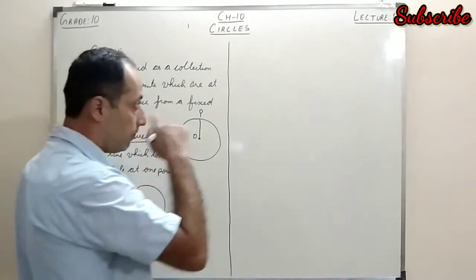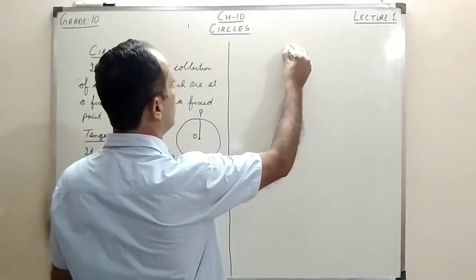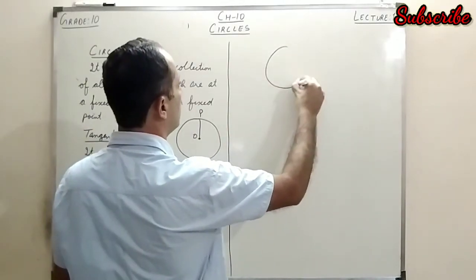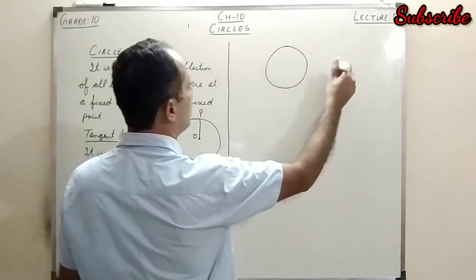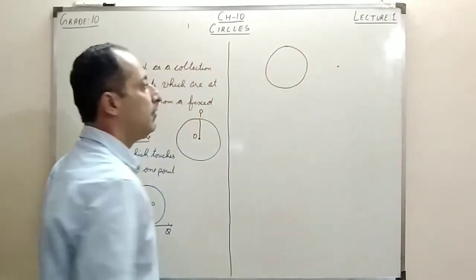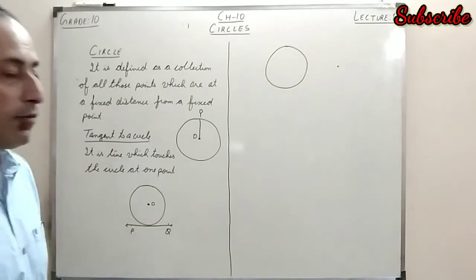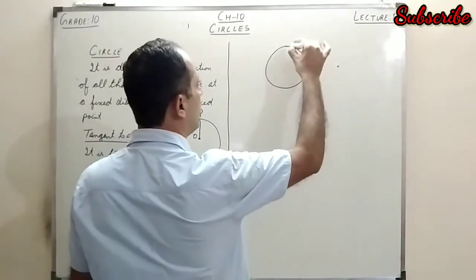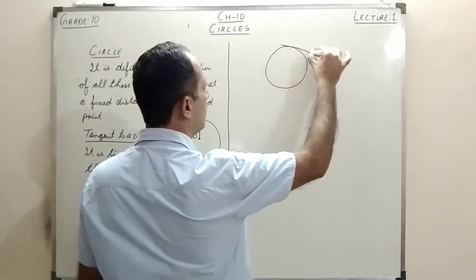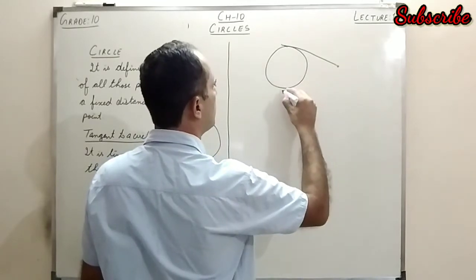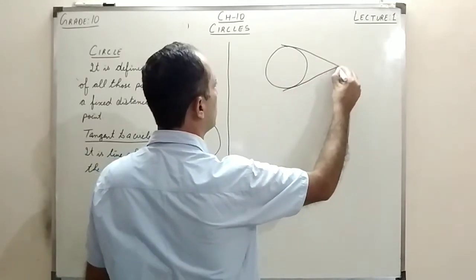But if we talk about an exterior point, a point just outside the circle, from this point we can only draw two tangents to the circle, not more than two.